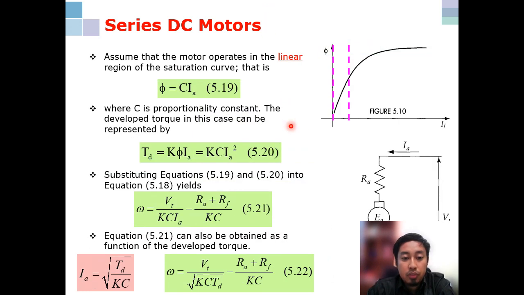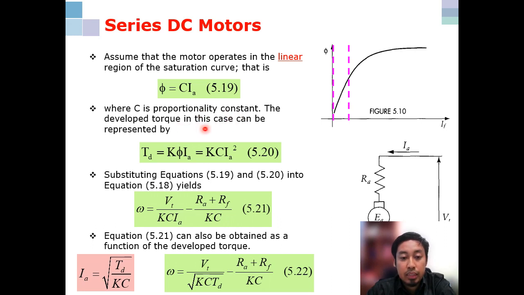For the series part, there are some differences compared to the other types of DC motor, because here I want you to look at the flux versus the IF graph. Assume the motor operates in the linear region of the saturation curve, that is, flux is equal to C times IA, equation 5.19, where C is a proportionality constant.